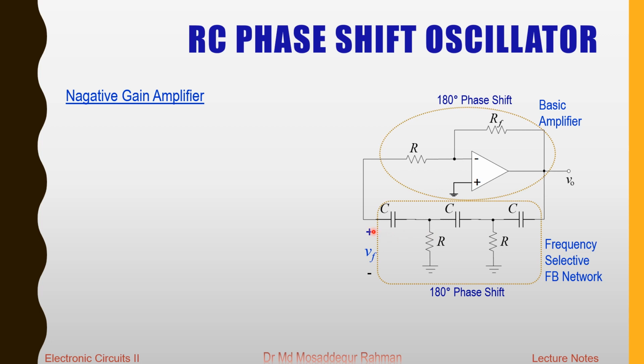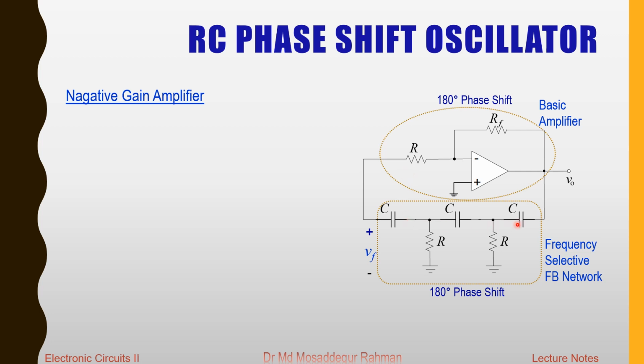You see that in the feedback network, the input is coming from the output, and the output of the feedback network, which is the voltage here indicated as VF, the feedback voltage, goes into the input of the basic amplifier, that's our inverting amplifier.